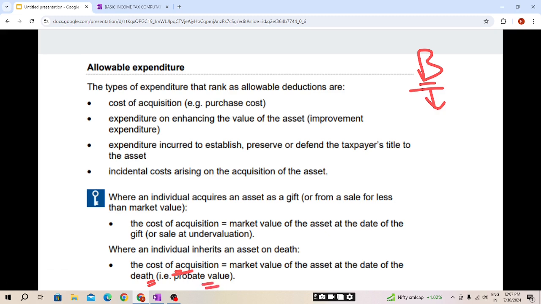That is known as probate value. The probate value will be used when an individual inherits an asset on death. But students, if the asset has been made as a gift during the lifetime and the person sells it, the cost of acquisition will be the market value of the asset at the date of the gift or sale at undervaluation. I hope this is clear.